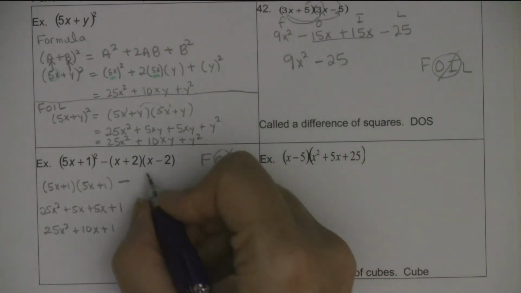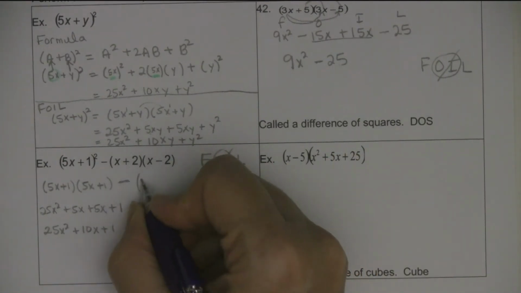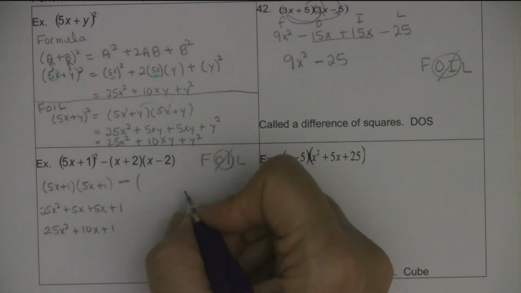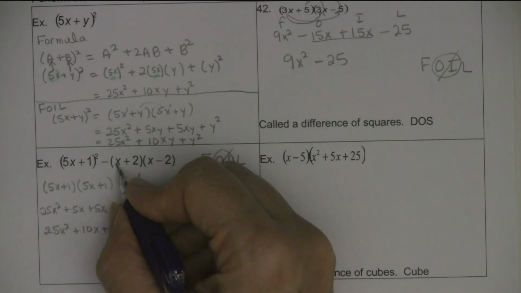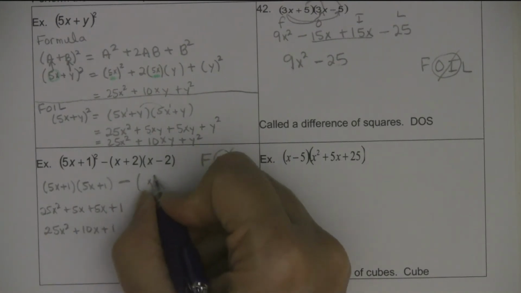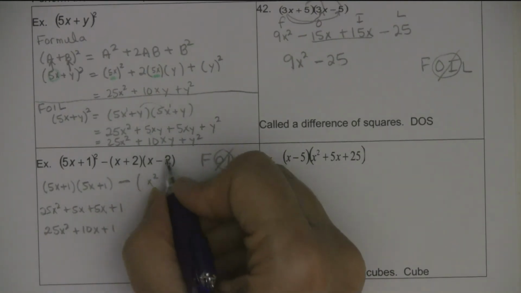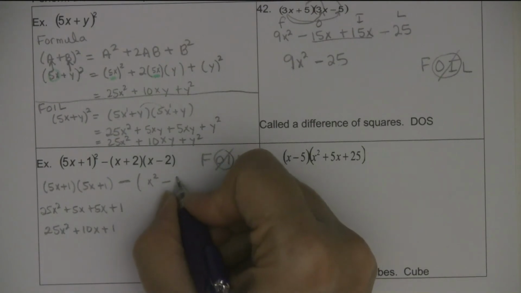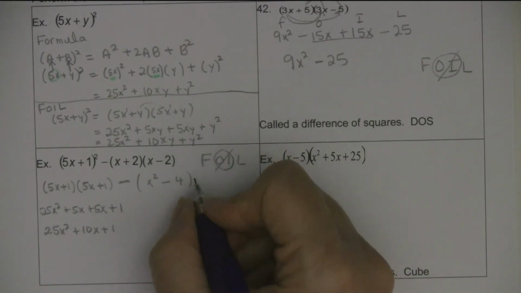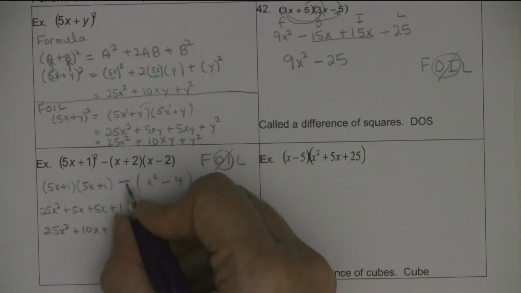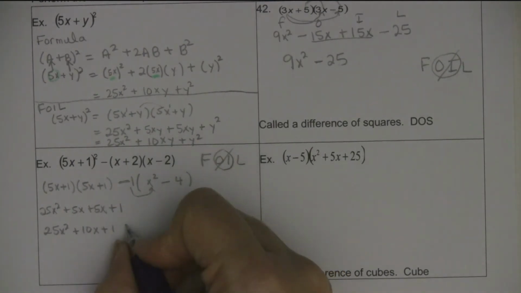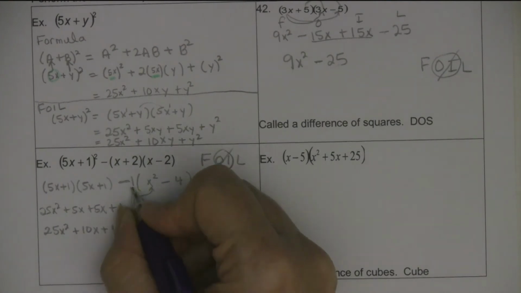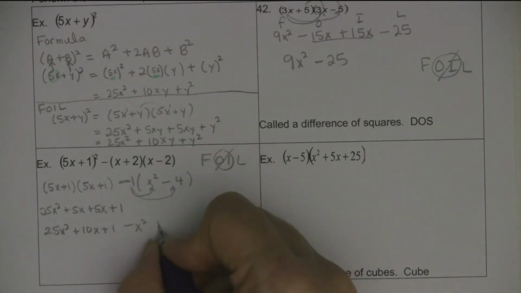But I need to distribute that minus. And I'm going to end up with a binomial. I'm going to have a first and I'm going to have the last. x times x is x squared. There's the first. And then minus 2 times 2 is 4. There's the last. So then I'm going to need to distribute this minus here. So I'm going to have here negative x squared and plus 4.